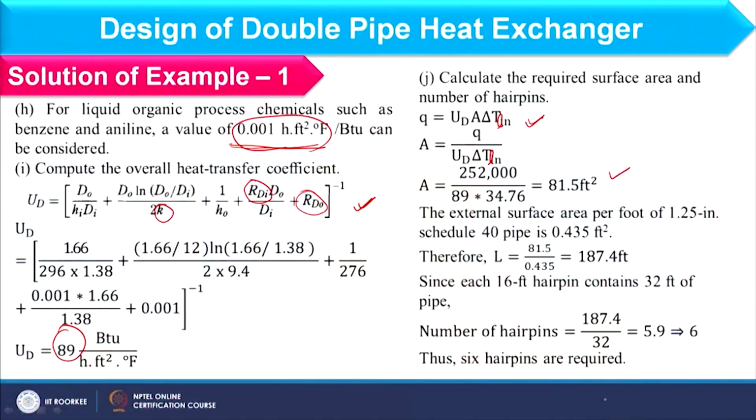Let us focus on the calculation of the total length of the exchanger. To calculate that we need the external surface area per foot of the inner pipe, that is 1.25 inch schedule 40 pipe, and that value comes as 0.435.